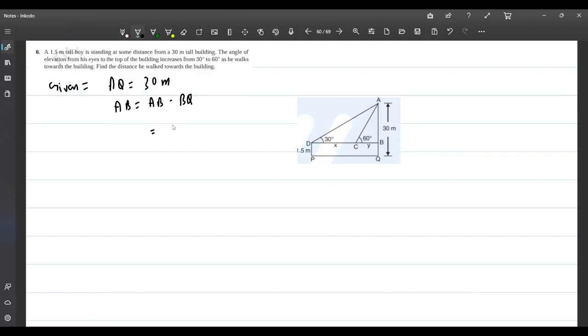So this is equal to 30 minus 1.5. So this is equal to 28.5.